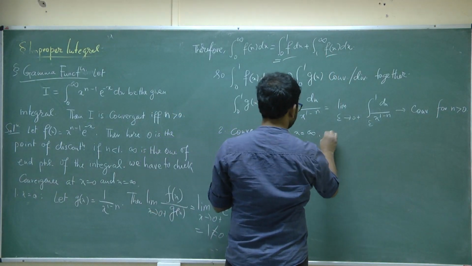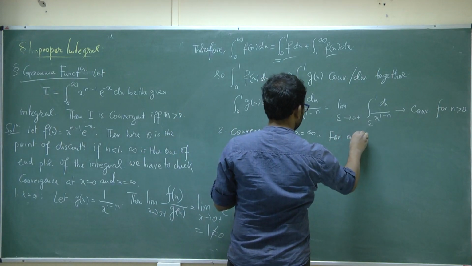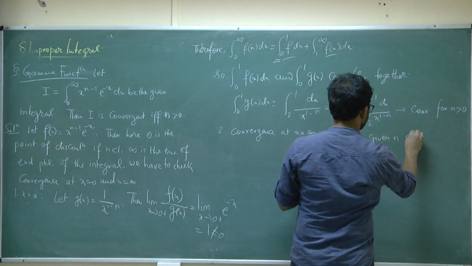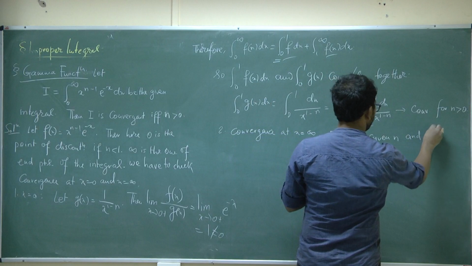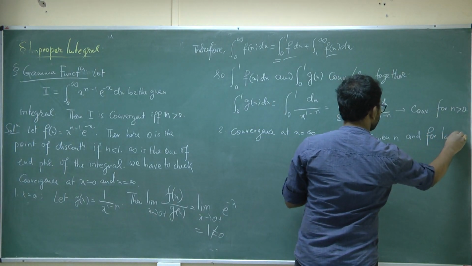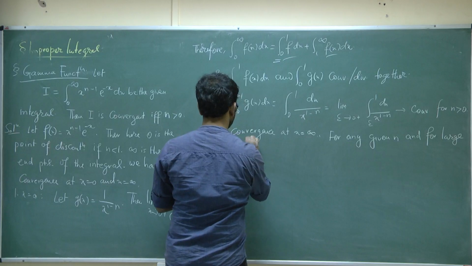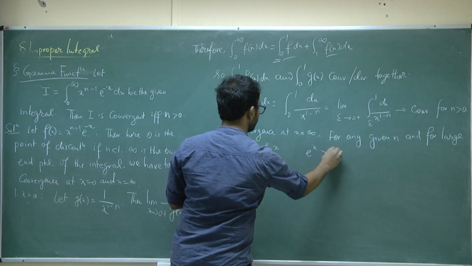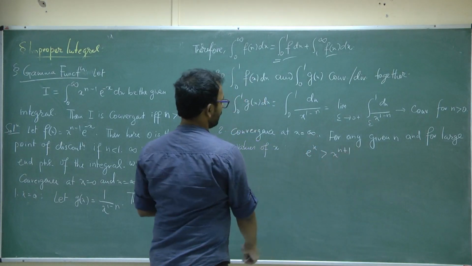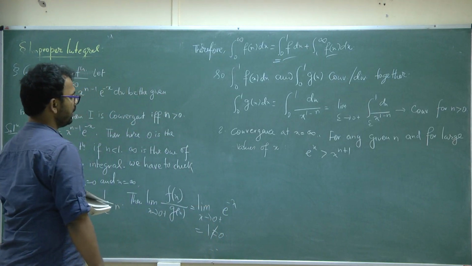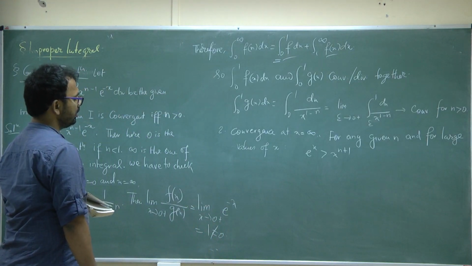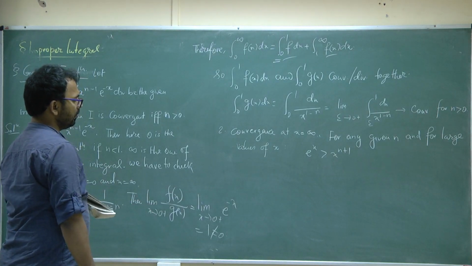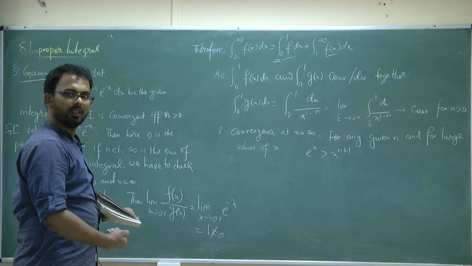So for any given n and for large values of x, we will have e to the power x greater than x to the power n plus 1. Is it true for n equals 1 and x equals 1? So e to the power 1, that means e, which is 2.7 or something, versus x is 1 and 1 to the power 2. So this is true for x equals 1, n equals 1 and so on.